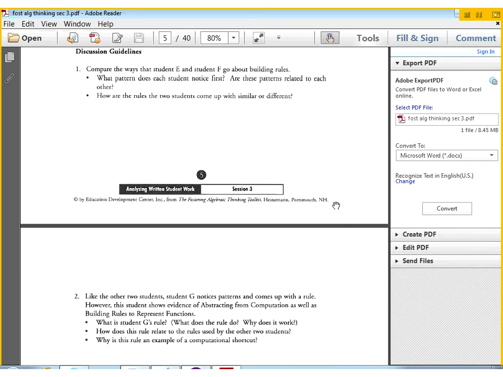So here's a couple of the discussion questions up here. They're similar things to what we did on the other group of work.